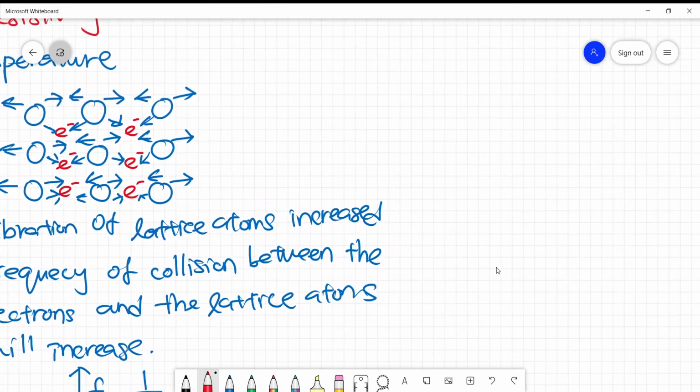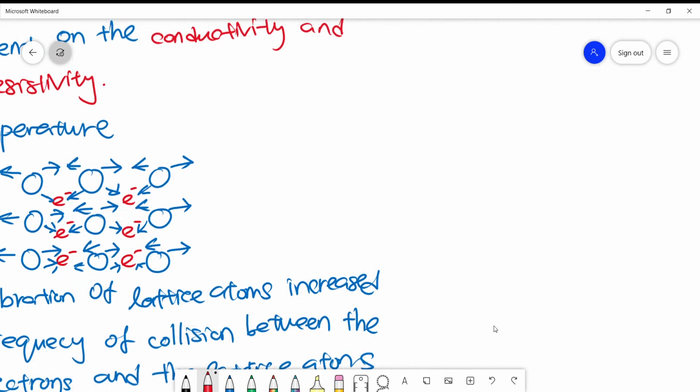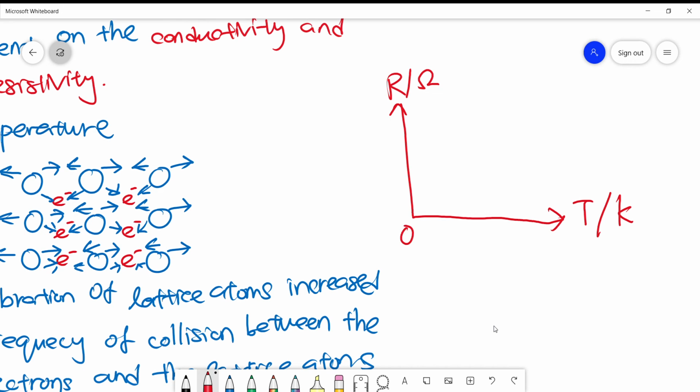And as for the graph of the resistance against the temperature, this axis is ohm. Initially I have the resistance of the wire, which I denote as R0. So initially the resistance of my wire is R0 at room temperature, I assume.